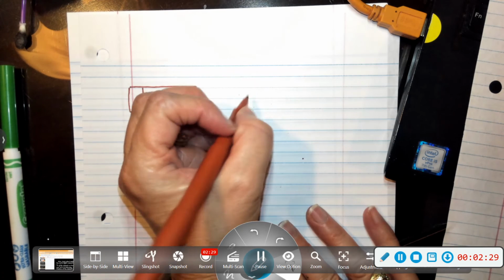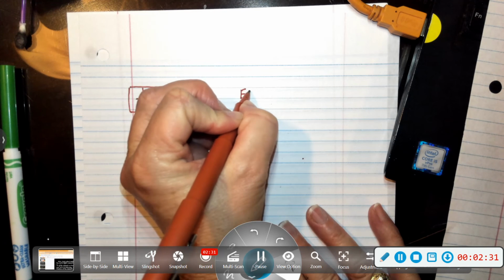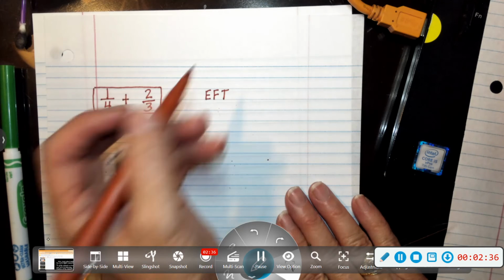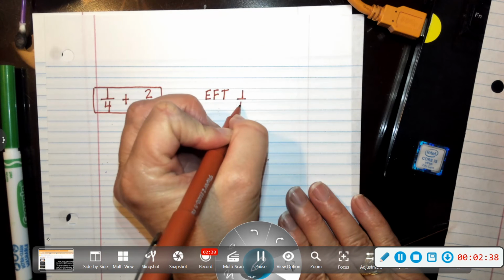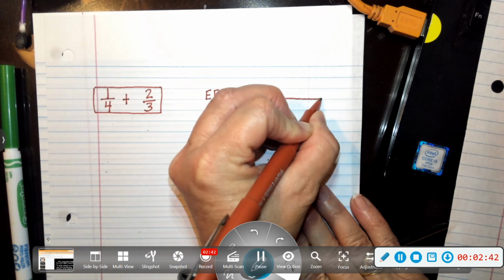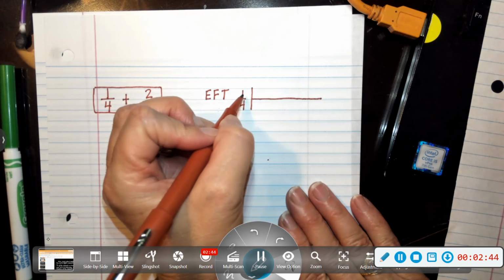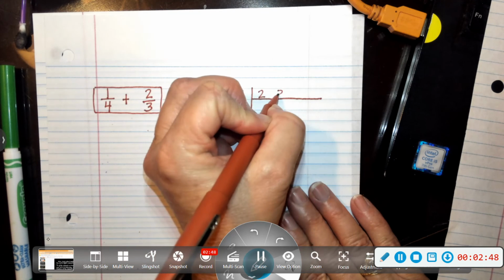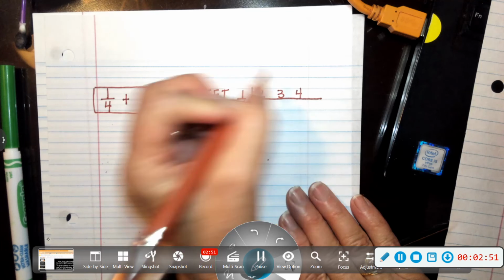So I'm going to make an EFT for both of these. I'm going to make an EFT for 1/4. And I'm going to skip back, count by 1s on the top. 1, 2, 3, 4.